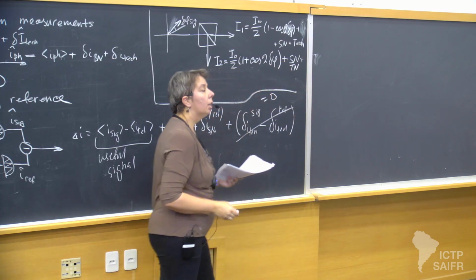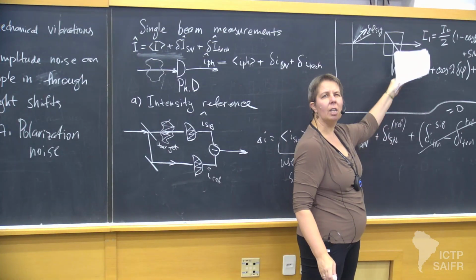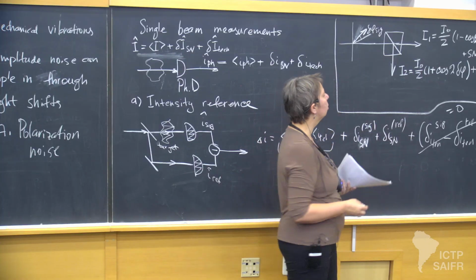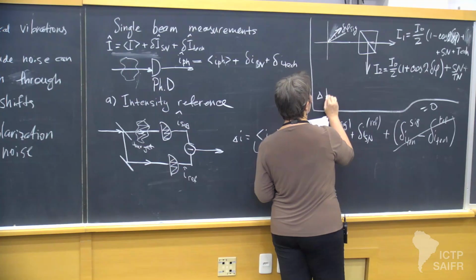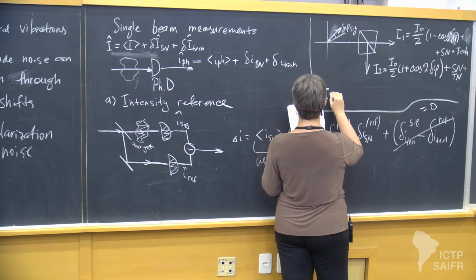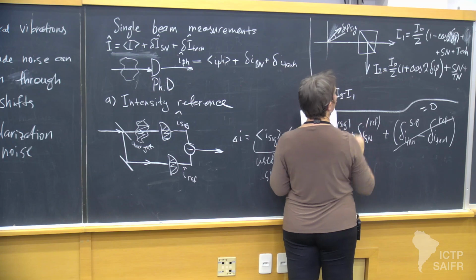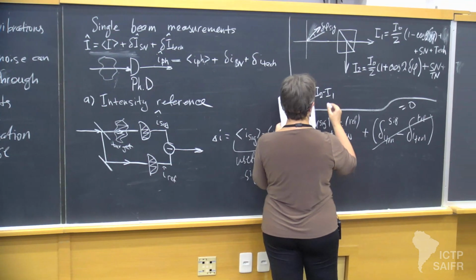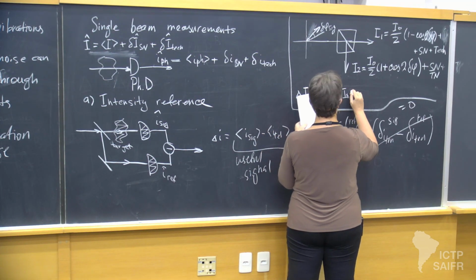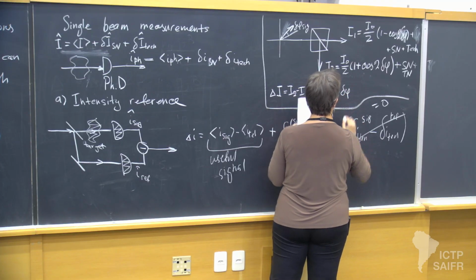OK. Now, if we assume that the rotation is so small that intensities are basically equal, we're looking at a very small variation between them, then we can figure out the small rotation by the difference of the two polarizations. Let's say I2 minus I1. And if you subtract them, you will see that this is equal to I naught cosine 2 delta phi.